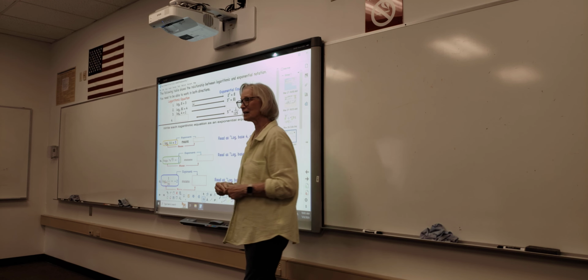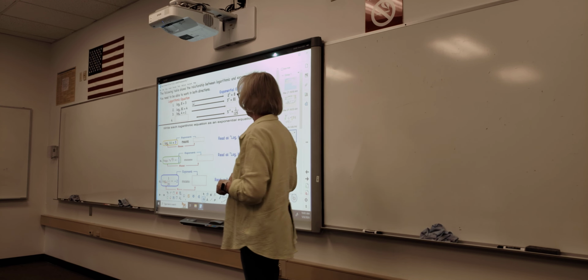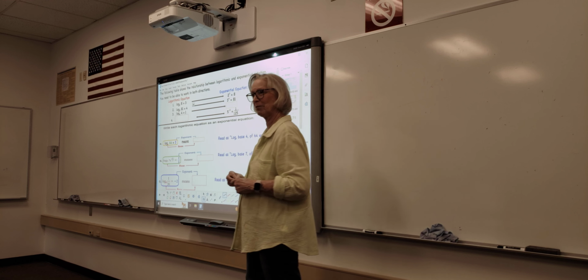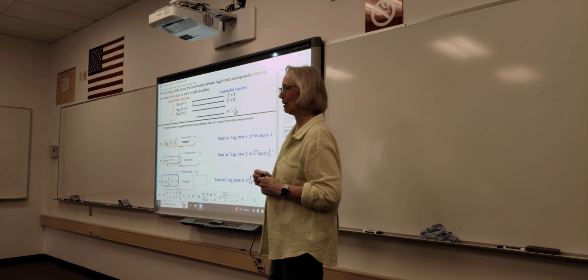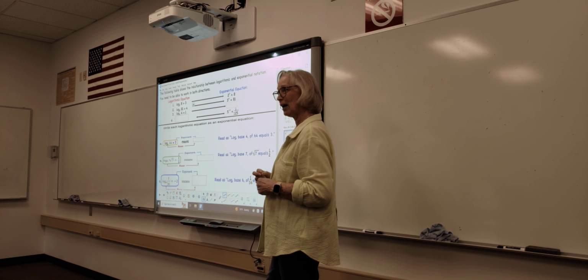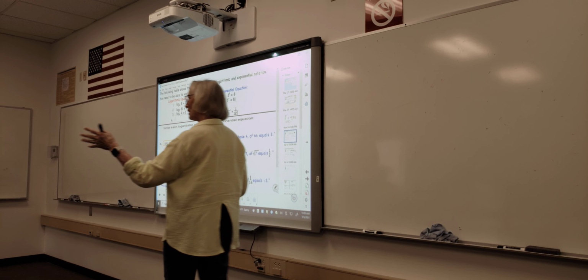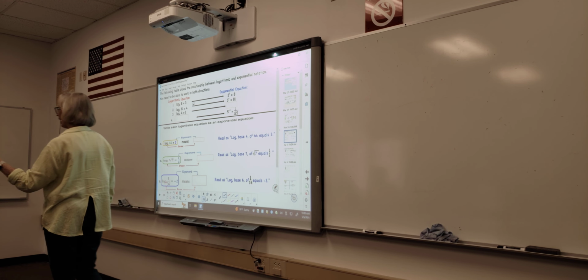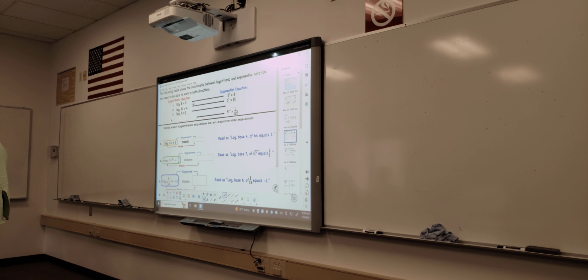Okay, boys, I want you to read to me number 3. Log base 4 of 4 equals 1. Okay, you've got your 3 done. What happened to this side? Okay, boys, on this side, read problem number 3.